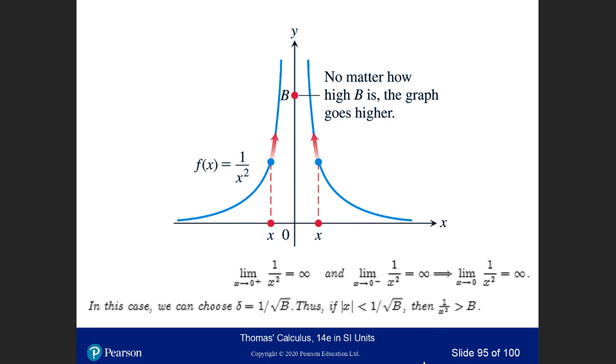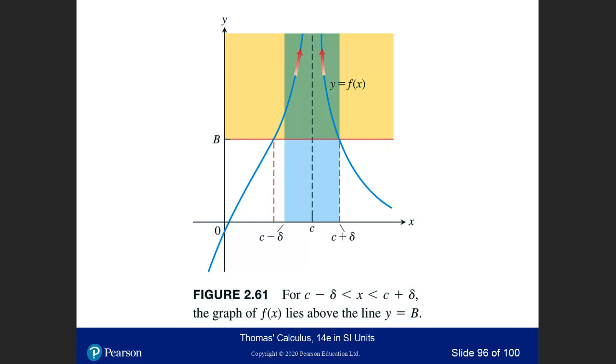Okay, so that's the two-sided case. What we are basically doing here, for a given number, suppose that it's a big number, it could be 10,000, 12,000. Since this is a two-sided case, you build a symmetric interval around c.